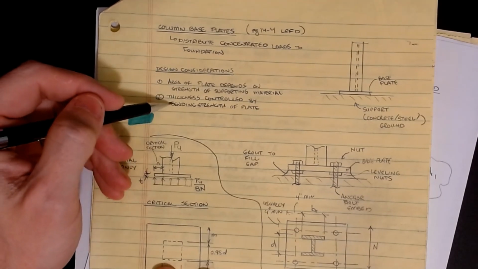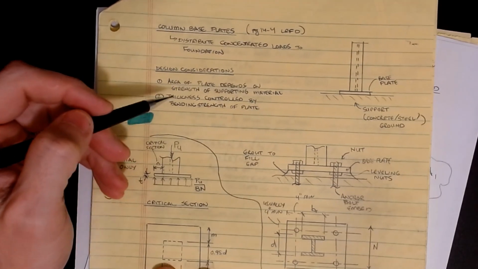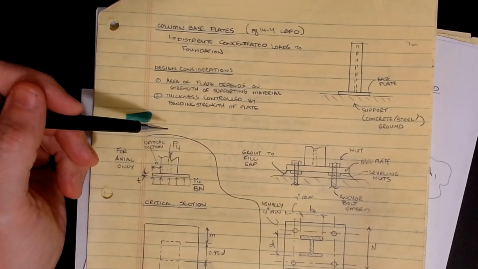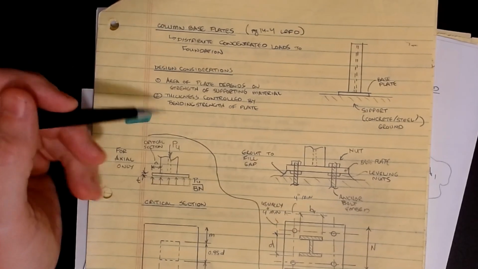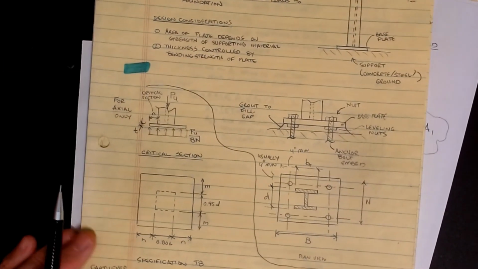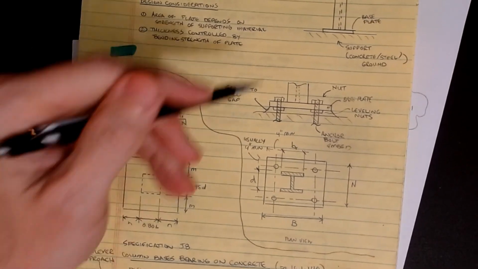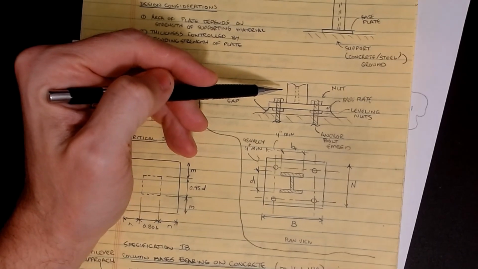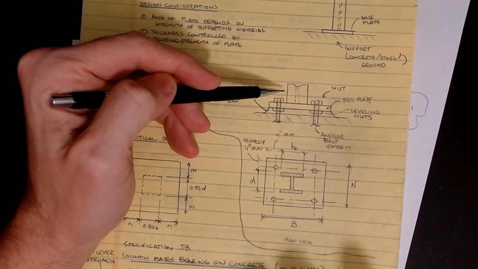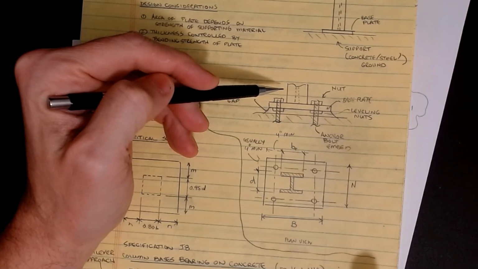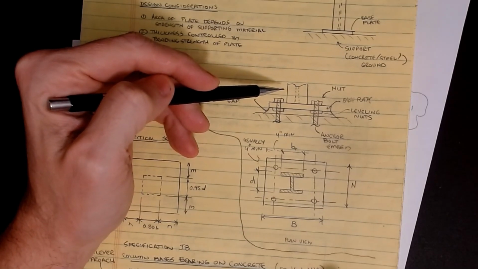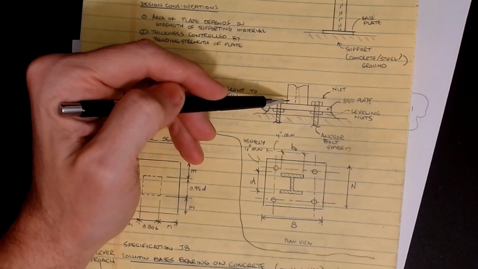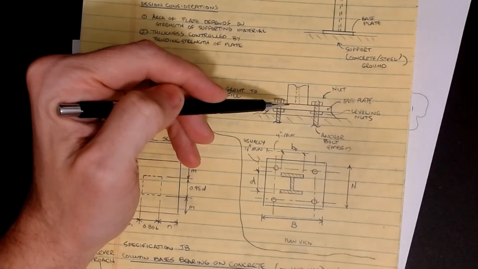The thickness is going to be controlled by some aspect of bending within the plate, and I'll show you the locations we're looking at when we get to that. There are a couple of different checks that we need to do. Now, typically the column and the plate itself are one solid entity that's fabricated in a shop. The columns ship out to the job site with a base plate already pre-welded onto it, so it's basically a solid assembly.